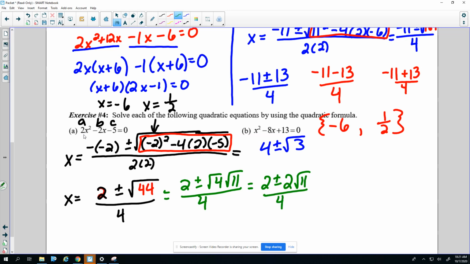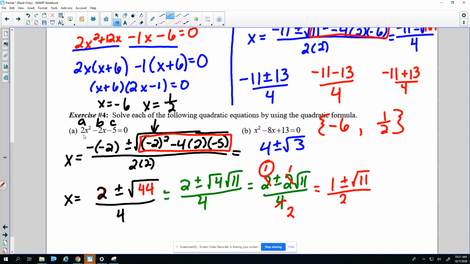And now we're ready to simplify. So my common factor is 2. This becomes a 1. This becomes a 1. And that becomes a 2. Now, adding 1 to something does change its value, so I definitely need to write that one. I can't just throw it out. Like if you remember when I had a 1 in the denominator, I didn't have to write it because dividing by 1 doesn't change something. I could write this one as 1 radical 11, but I'm just going to write radical 11 and then over 2.